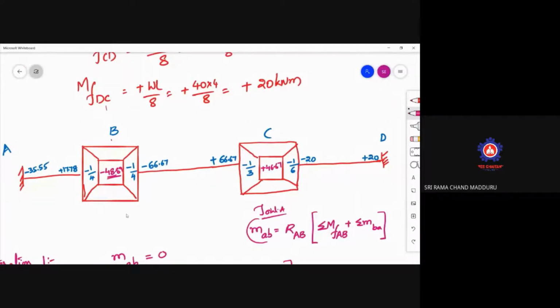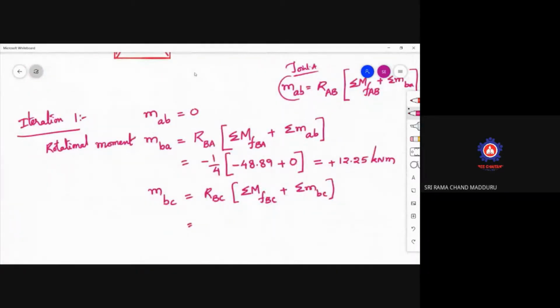Minus 1 by 4. Minus 1 by 4 into minus 48.89, plus, initially we don't know the rotational moments, so it will be assumed as 0 only. In the next iteration they will be adjusted. So this will become plus 12.25 kilonewton meter. So MBC is also obtained.